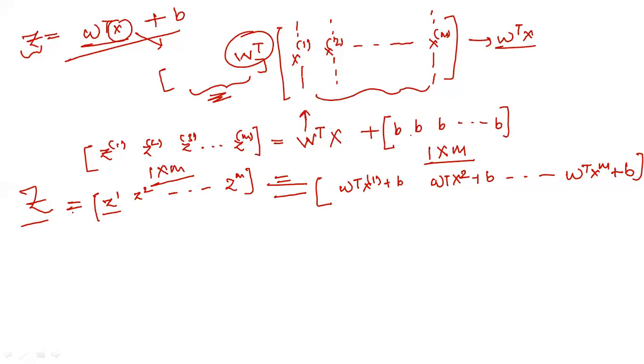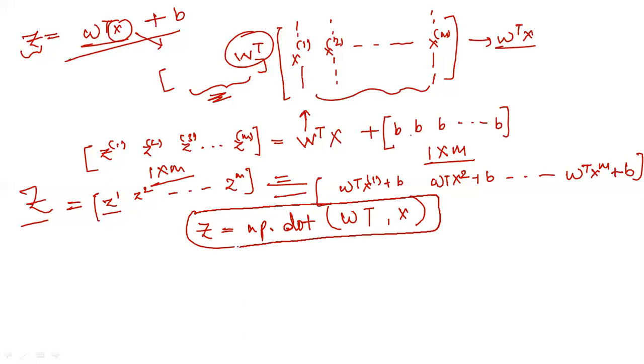Now how can we write in vectorized form whatever we have written here? z equal to np dot, and we would use the dot function here. We'll write w transpose comma x. So this would be the vectorized implementation of our code.